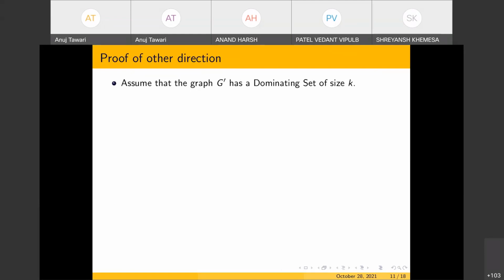Now, how should we prove this? How will it correspond to a vertex cover of size k or smaller? Any ideas?